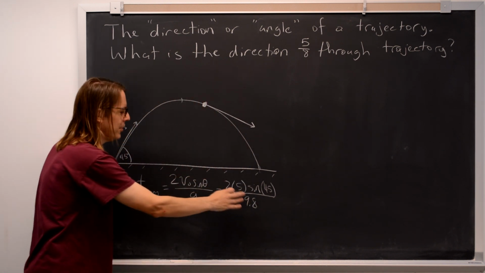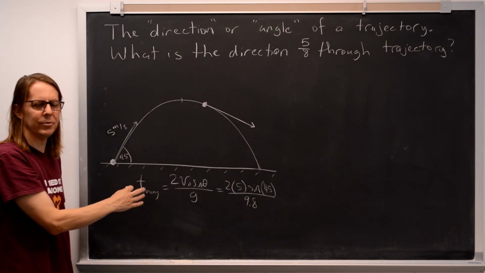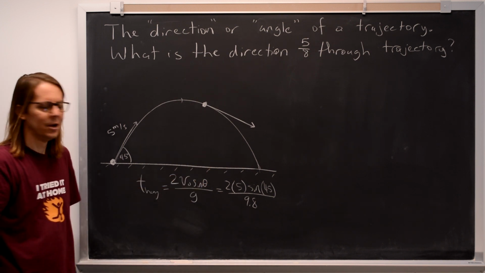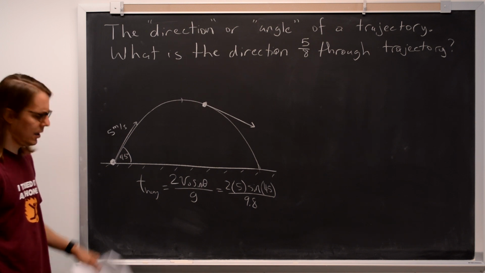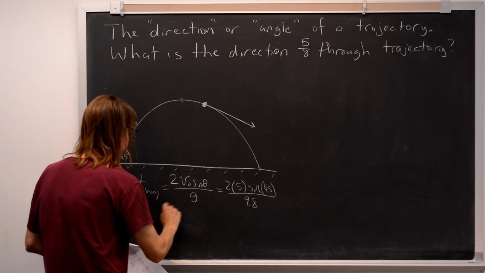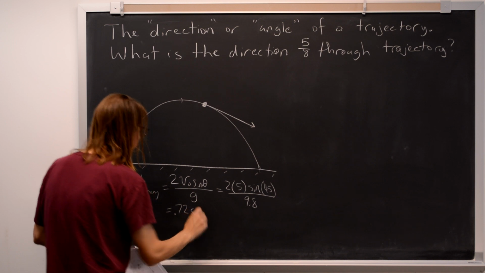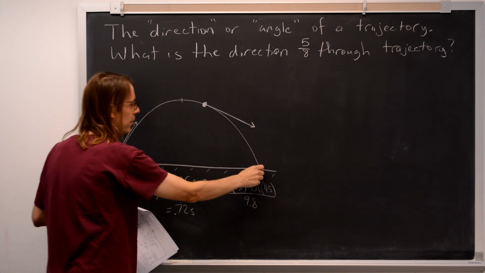Not using a negative number, because this is a formula for a time we've derived. The negative was taken care of before. Just put the magnitude of the gravitational acceleration there, and you will get 0.72 seconds. So that's the time to go all the way across.